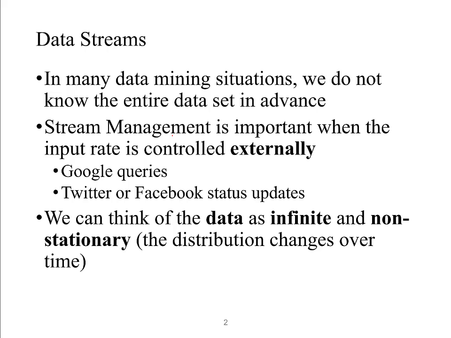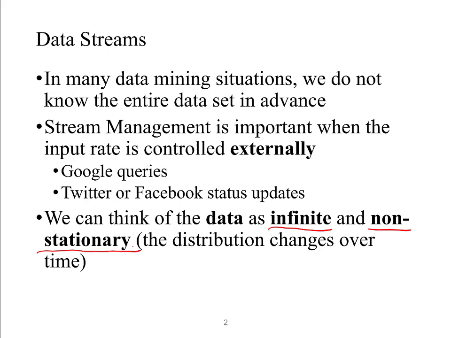In data streams, we can think of the data as infinite and non-stationary. Infinite means the data will come over and over, an endless amount of data. Non-stationary means the distribution of the data changes over time. For example, think of the topics of tweets on Twitter.